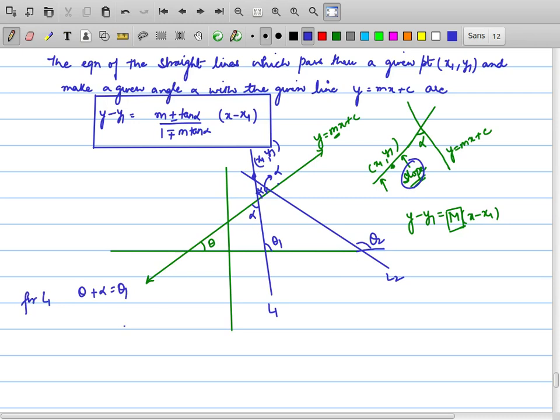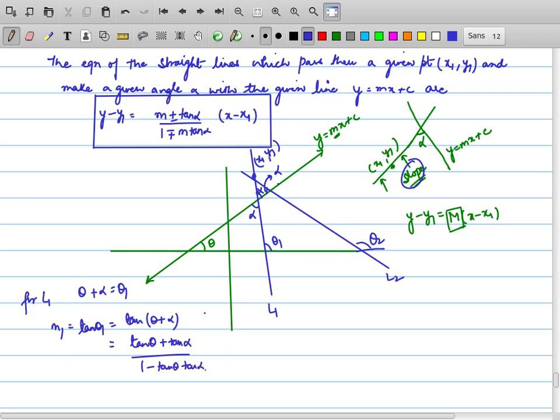Therefore, taking tan both sides, tan theta 1 will be tan of theta plus alpha. And why are we doing this? Because we want tan theta 1 only. Tan theta 1 will give us the slope of our line m1, and this can be expanded, tan a plus tan b upon 1 minus tan a tan b.